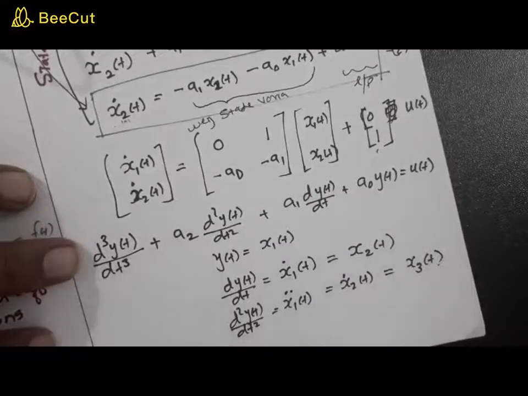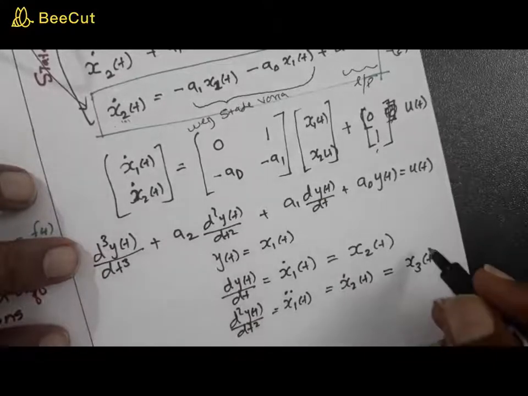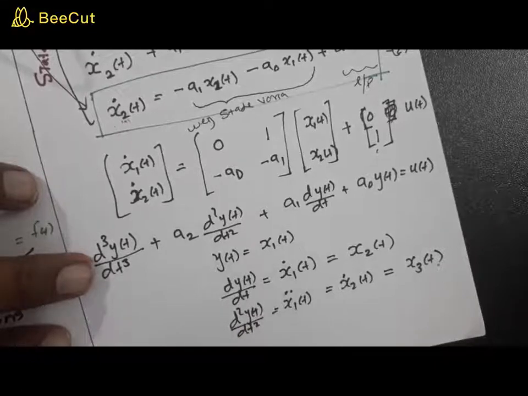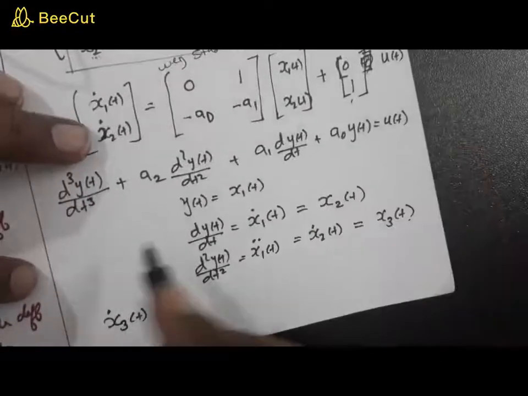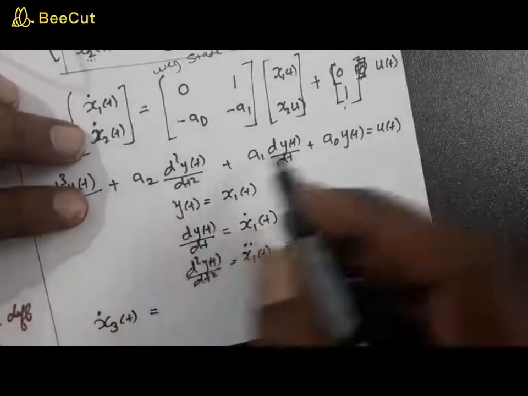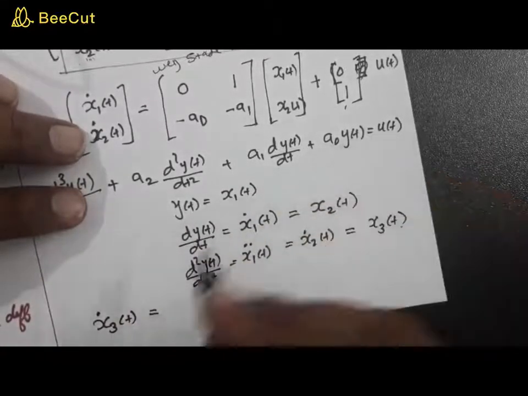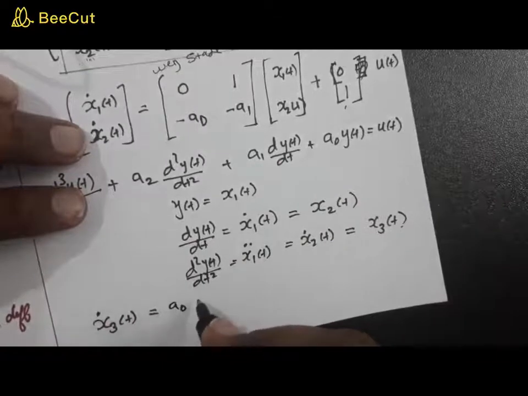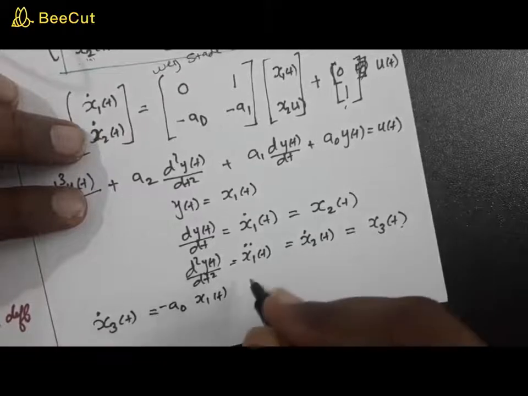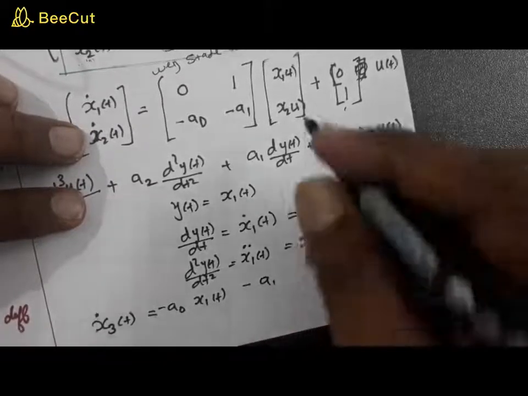Now you can write this down by substituting here. This is d square y of t, so what must be d cube y of t by dt cube? That will be x3 dot of t, right? When you take the derivative, it becomes d cube. So x3 dot of t is equal to, bringing this, minus a0 into x1 of t minus a1 into dy of t.